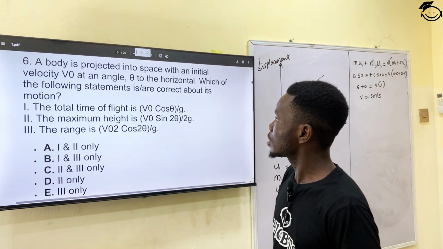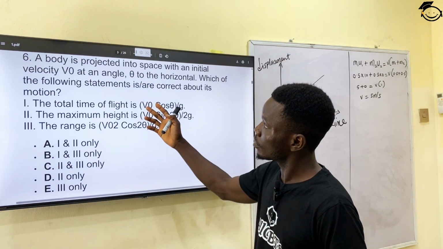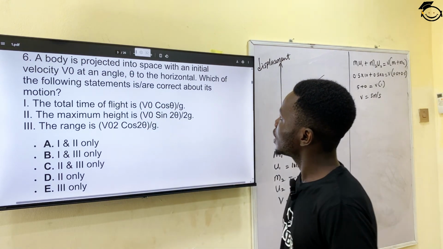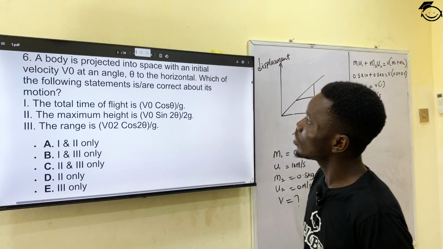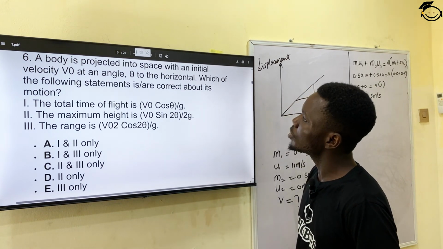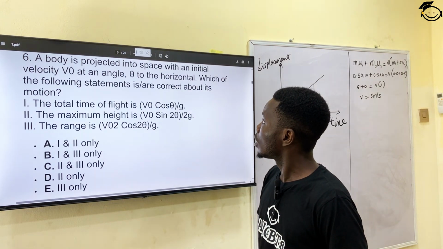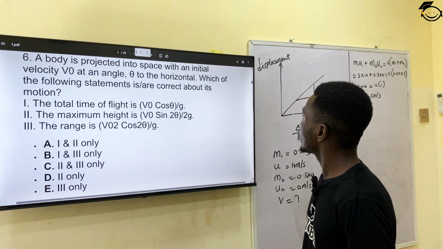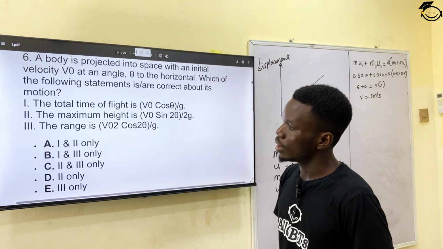Question number 6 says, a body is projected into space with an initial velocity v0 at an angle of theta to the horizontal. Which of the following statements is or are true about its motion?